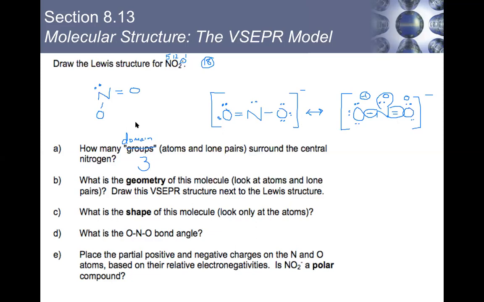What's the geometry of this? It's not trigonal planar. Is it bent? I would say this is bent. It's going to be bent. And then we have this lone pair bending it down.